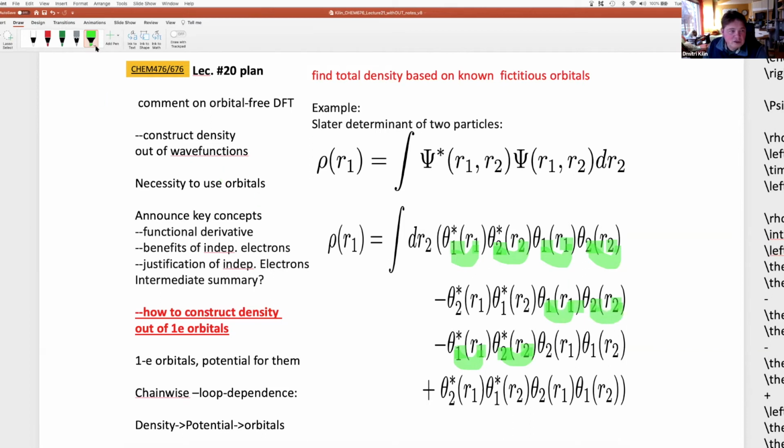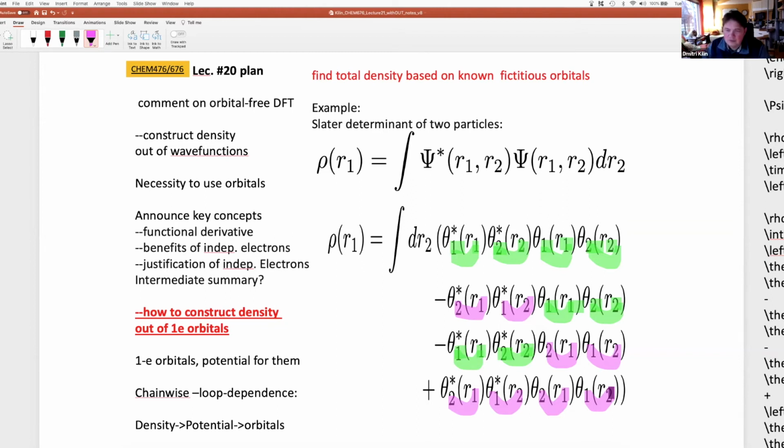Everywhere else, the terms originate from off-diagonal terms. Is it clear where this equation came from? I know it is big and scary, but let me know if you prefer some additional comments. Is it okay, not okay, or more or less?